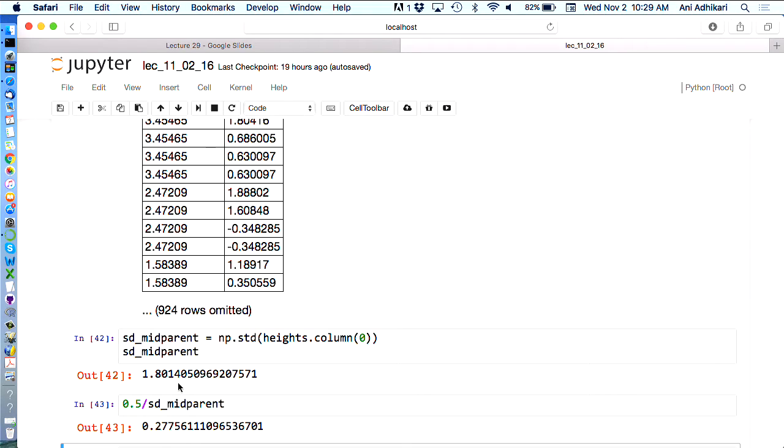So it's 0.5 inches relative to an SD, so it's basically a pure number that I'm getting at the end. What we have realized is that half an inch is approximately 0.28 of an SD. So you can think of 0.28 as a fraction of an SD. More questions?